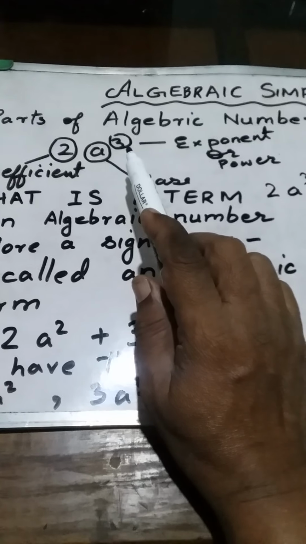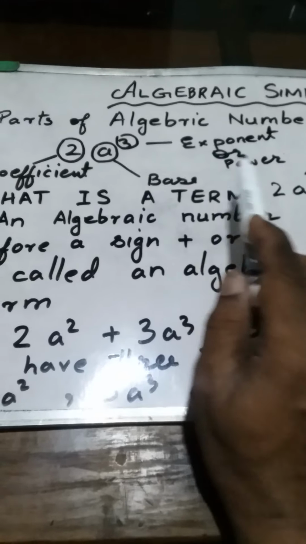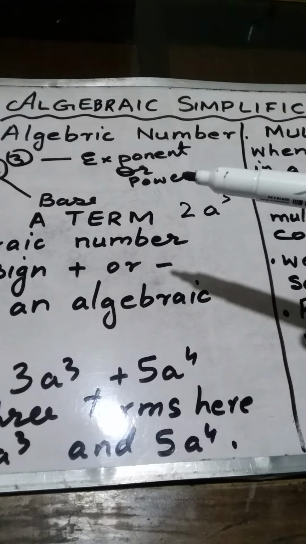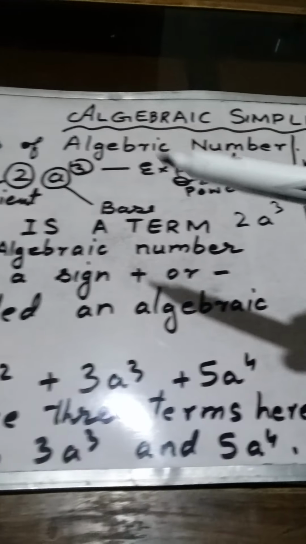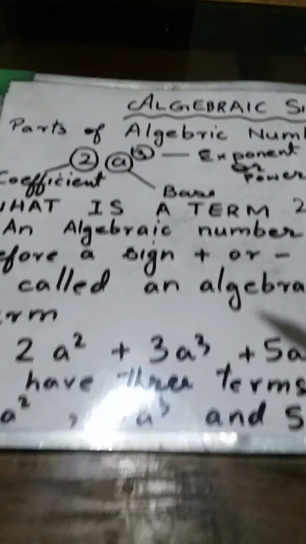This number over the variable is called the exponent or power, and the variable itself is called the base. So an algebraic number consists of three elements: coefficient, base, and exponent.